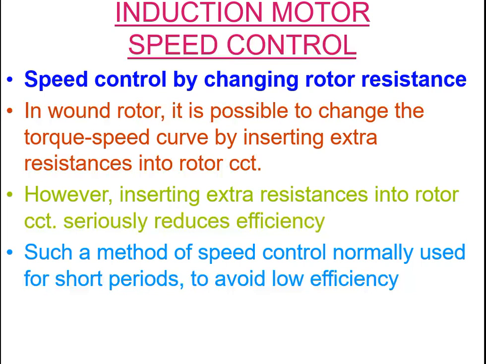However, when we insert this extra resistance, it reduces the efficiency. Why? Because if I insert the resistance, automatically power loss will exist in the external resistance circuit, so it reduces the efficiency. So this method of speed control is normally used for short periods to avoid low efficiency.